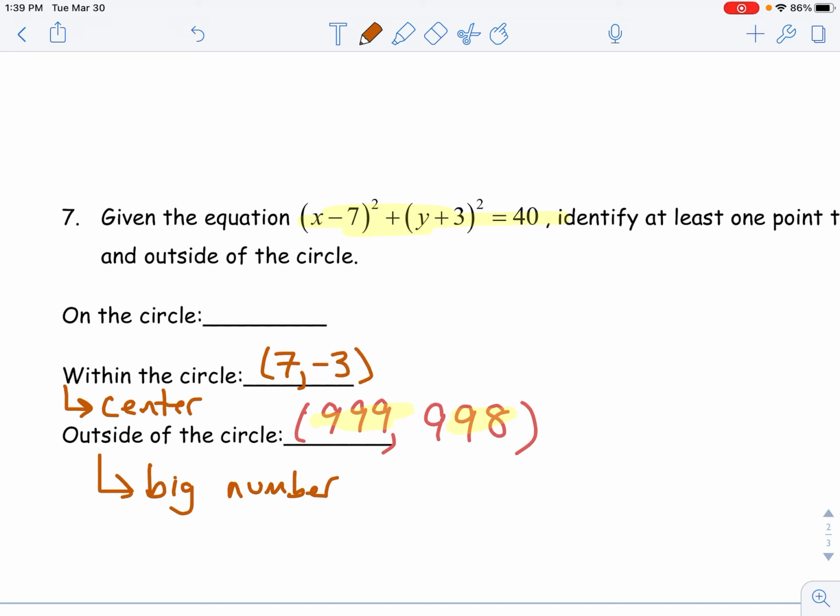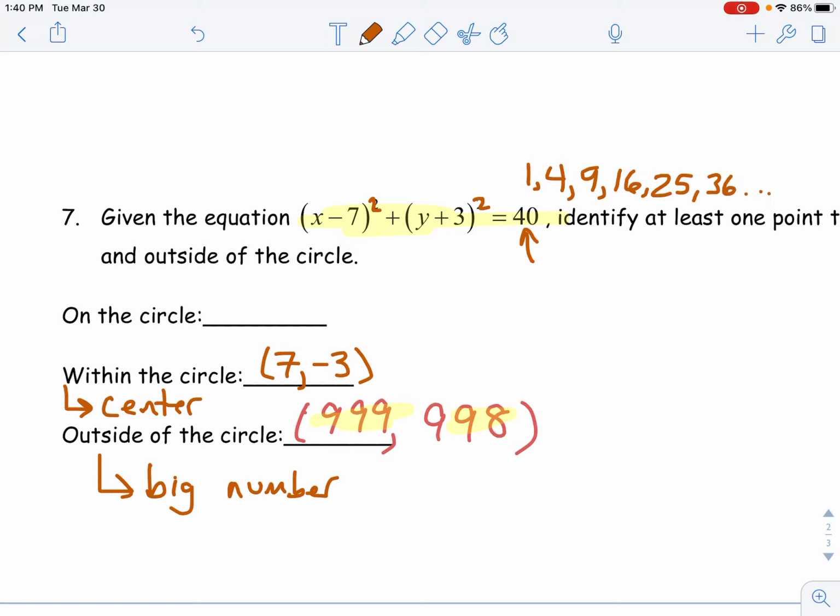Now, what's kind of hard is picking one on the circle. So what I have to do is, I've got 40. What should I do from here? I'm squaring stuff, so I have to think of my perfect squares: 1, 4, 9, 16, 25, 36.